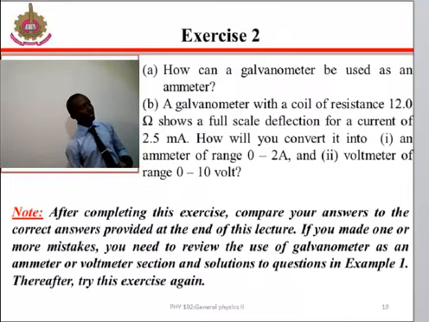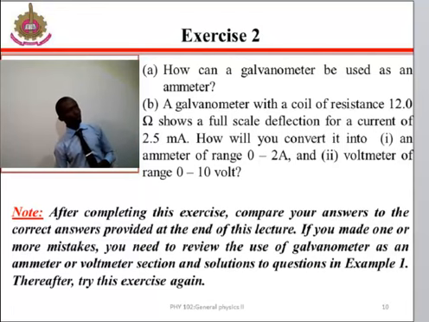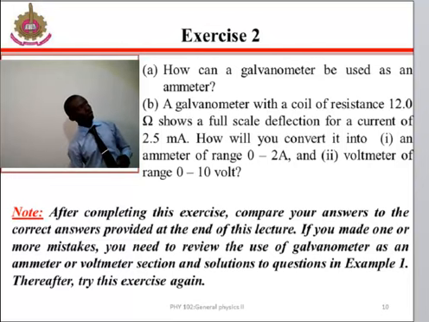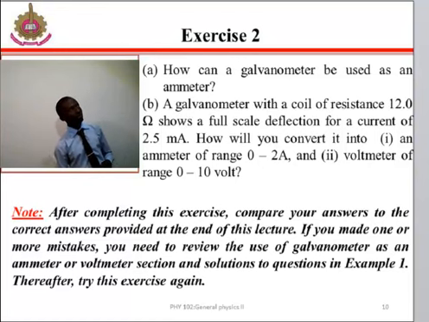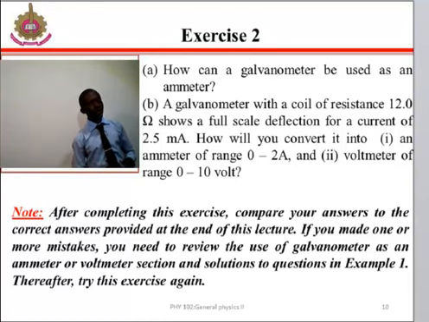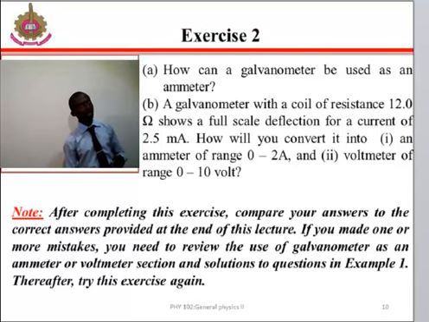Now, you can take this exercise 2 to test your knowledge on how to convert a galvanometer to an ammeter or voltmeter. Exercise 2a. How can a galvanometer be used as an ammeter? Exercise 2b. A galvanometer with a coil of resistance 12.0 ohms shows a full-scale deflection for a current of 2.5 milliampere. How will you convert it into an ammeter of range 0 to 2 ampere?